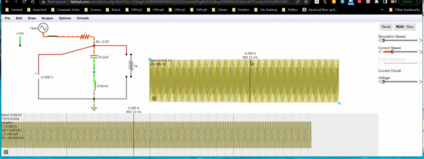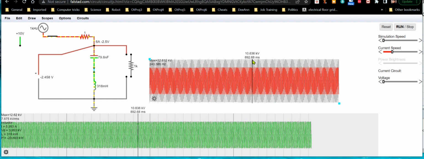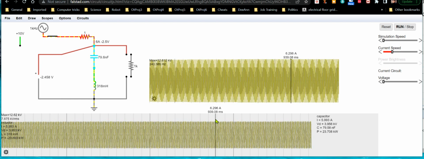But you can see the voltage here. It's actually hard to see, but it's peaking out at about 10 kilovolts or so, as it's measured there.